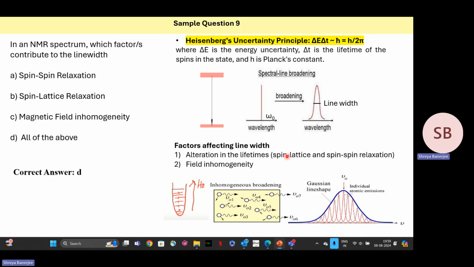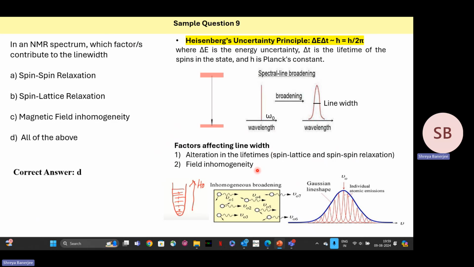So we know that spin lattice relaxation enables the molecule to relax in a longitudinal direction from alpha to beta or beta to alpha. And spin-spin relaxation enables the FID to decay. Both of these relaxations basically bring the molecule back to the equilibrium situation. So it is affecting the lifetime of the molecule in the excited state. And so both these relaxation times affect the line width.